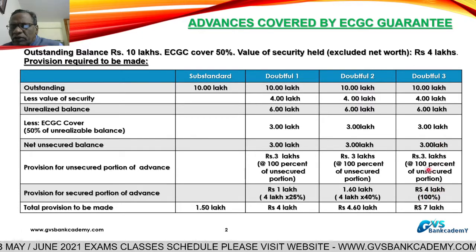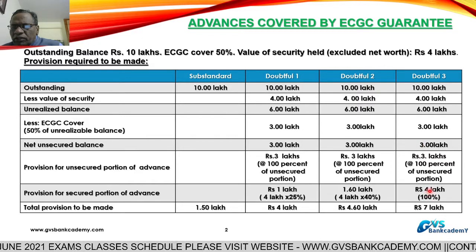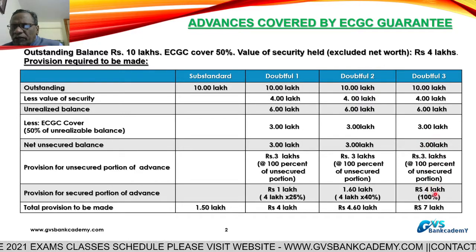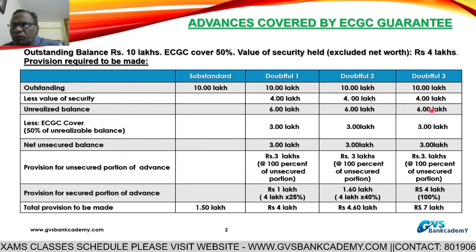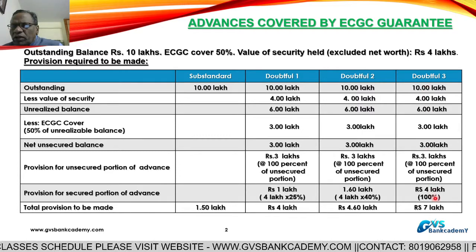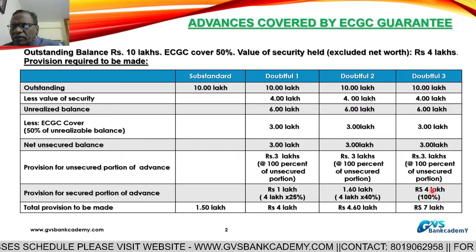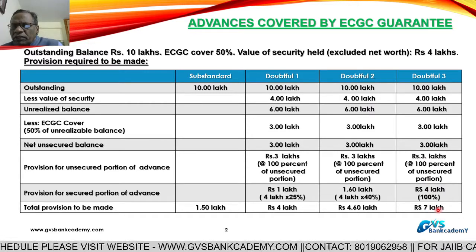So unsecured 3 lakhs plus secured 4 lakhs into 100%, that is 7 lakhs. This is the doubtful 3 category provision.